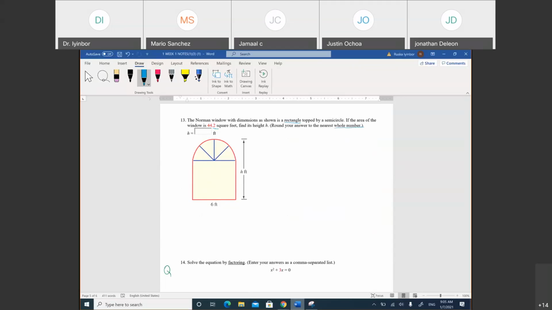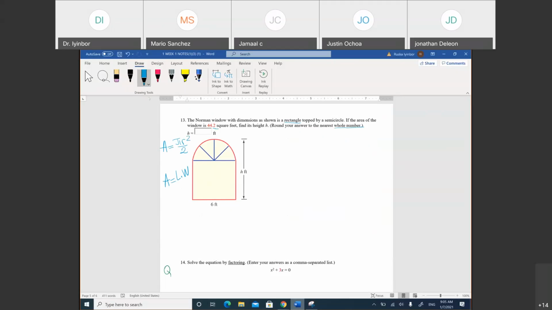So we're going to start with the area given, and the formula for the area of a rectangle, not a square. The area in the bottom is going to be length times width. The top area is the area of the circle, pi r squared, and because it's a semicircle, half of it, I'm going to divide by 2.